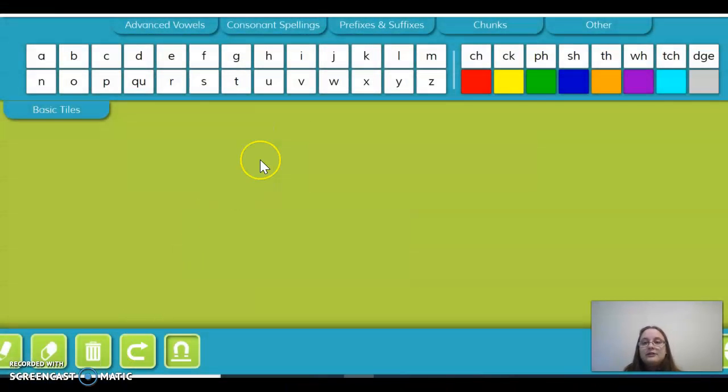Okay, friends, so we're going to clear that. And we are going to start with 2 words, pack and packs. So I want you to think about what the differences are between those 2 words, pack and packs. Okay, so think about it. Pack, packs.